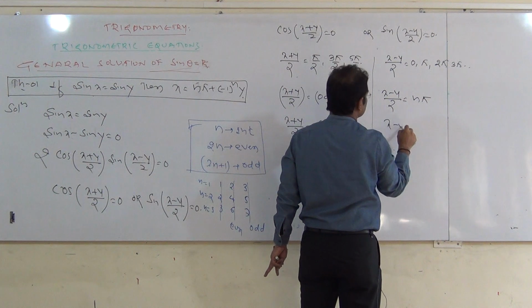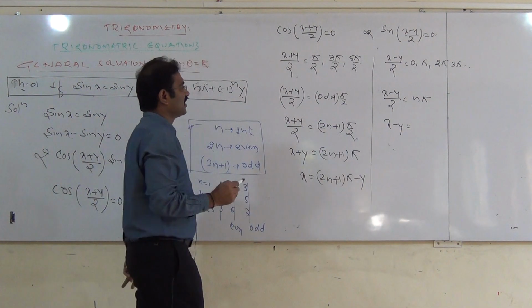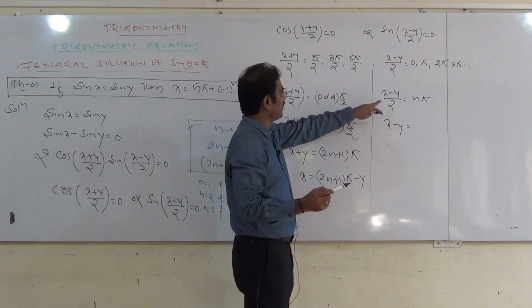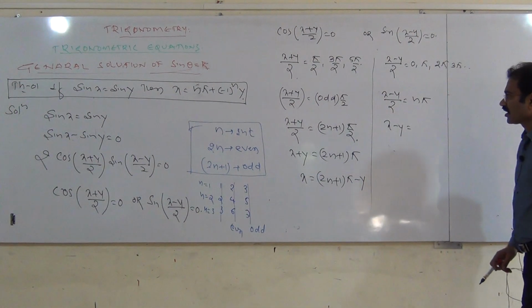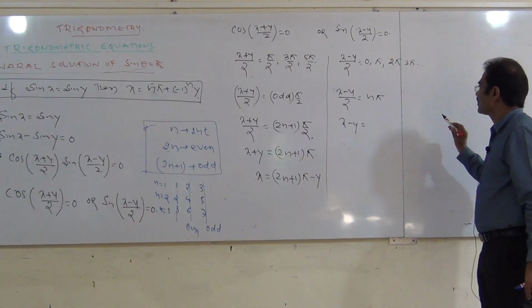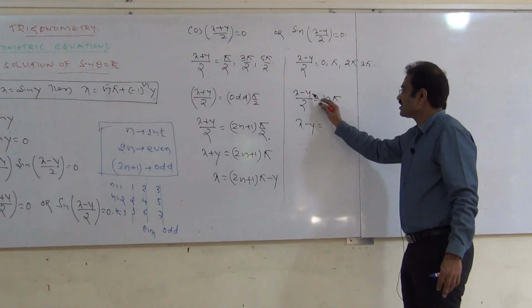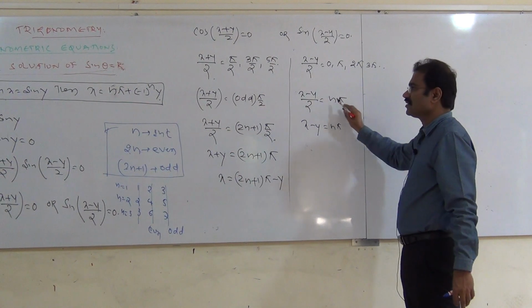So (x minus y) by 2 is equal to n pi. Therefore x minus y is equal to 2n pi, right?